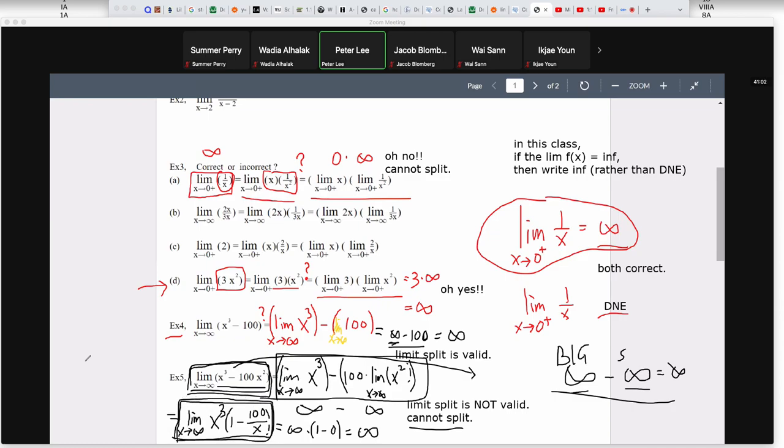Or of course, the other option is to factor the x squared. If you factor x squared and then you get x minus 100 like this, that's okay too. But if you write this form, so what is this going to be? That will be infinity times infinity form, and that's okay too. Infinity times infinity is infinity. So we have a limit here, the limit as x approaches infinity.